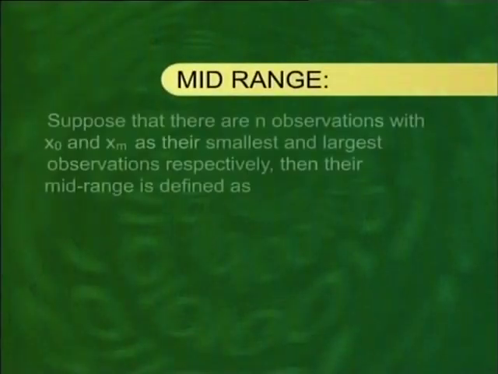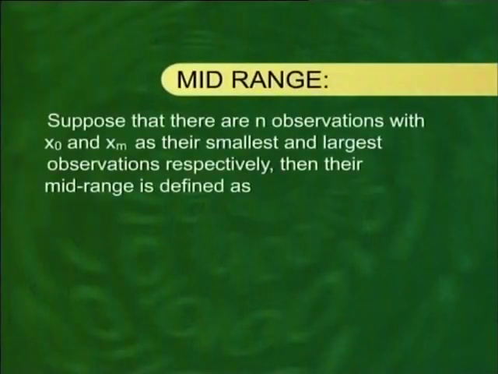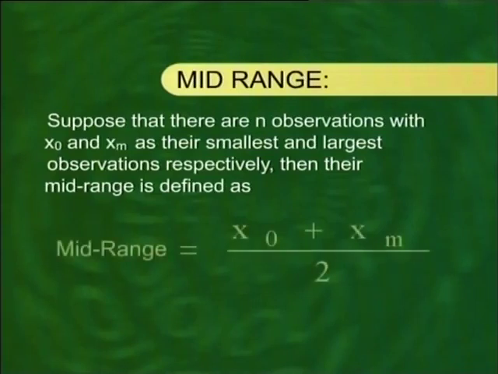First, the mid-range. Suppose that we have n observations such that the smallest is denoted by x0 and the largest by xm, then the mid-range is defined as (x0 + xm) over 2.